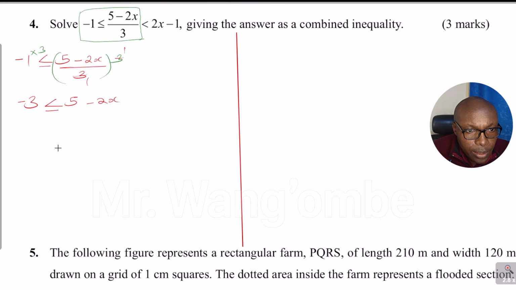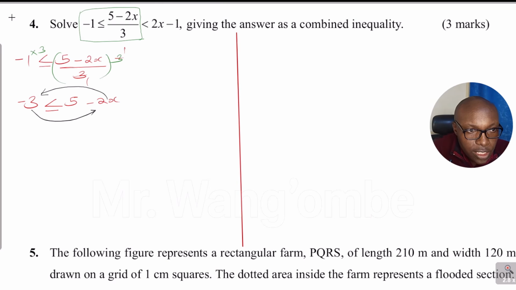From there I can take several ways of doing this. I can take negative 2x to the left hand side, and negative 3 to the right hand side, just to make it easier to bring x to the left.